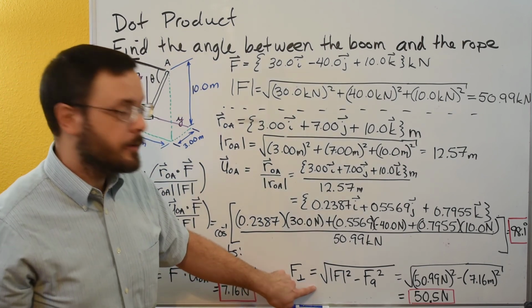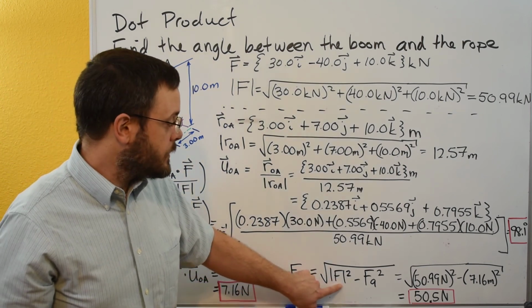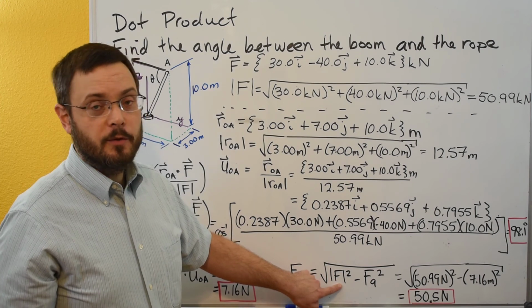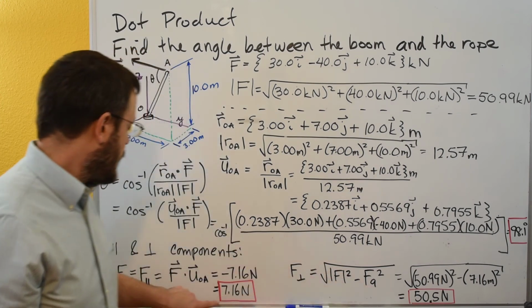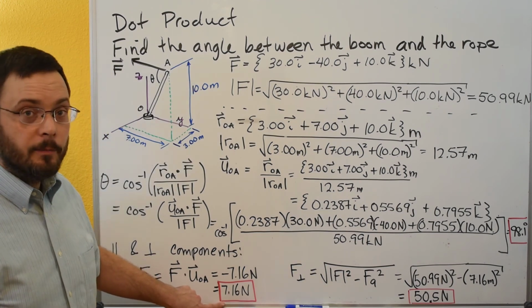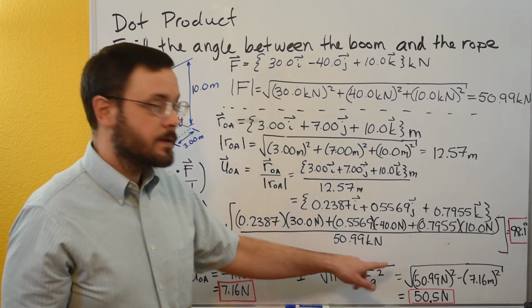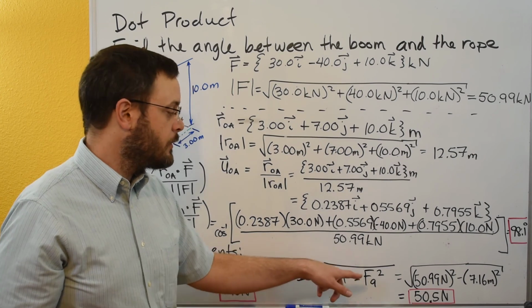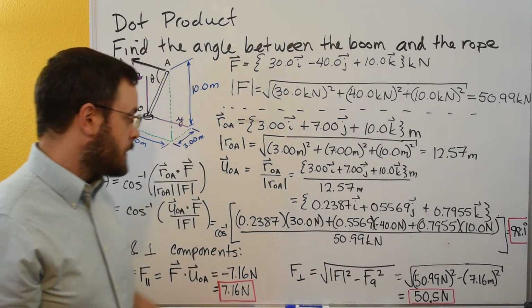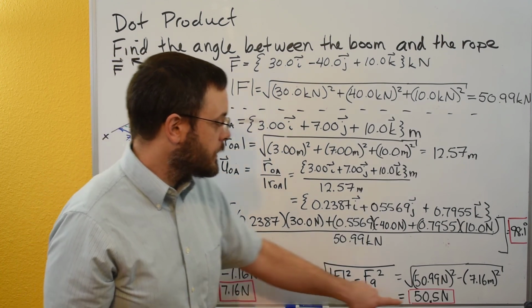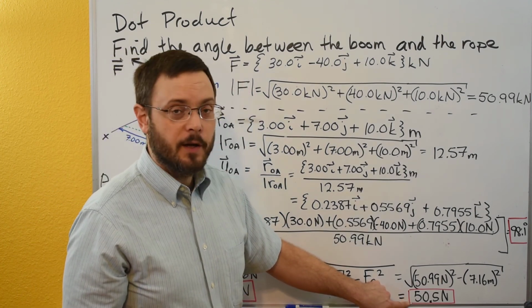We can calculate the perpendicular component. It's equal to the magnitude of the force vector squared minus the magnitude of the parallel component squared, and then you just take a square root. It's just the Pythagorean formula solving for one of the legs of the triangle. So the perpendicular portion gives us 50.5 newtons.